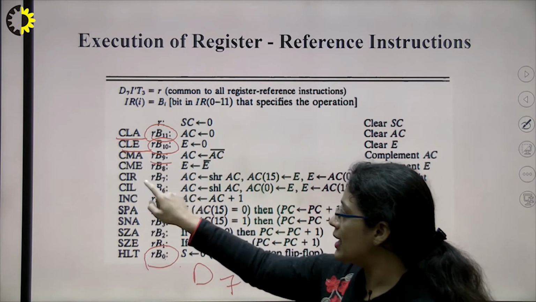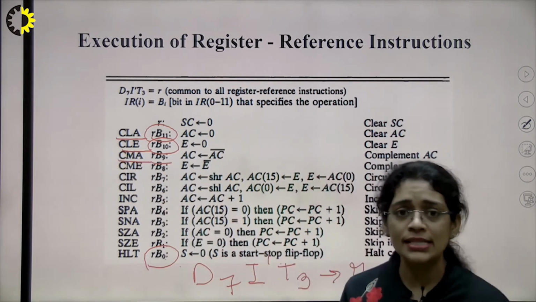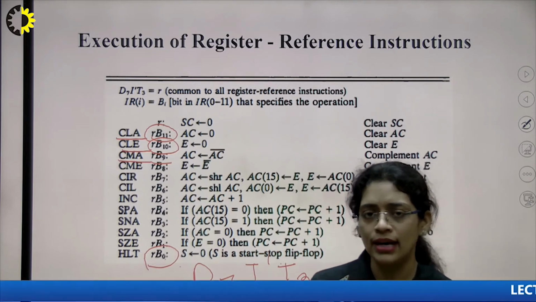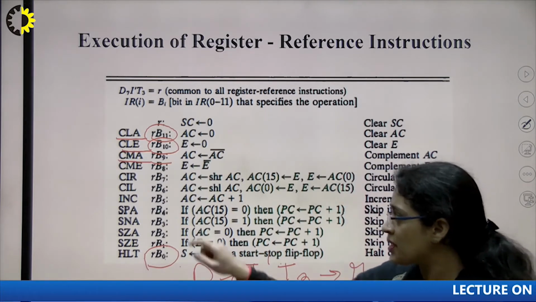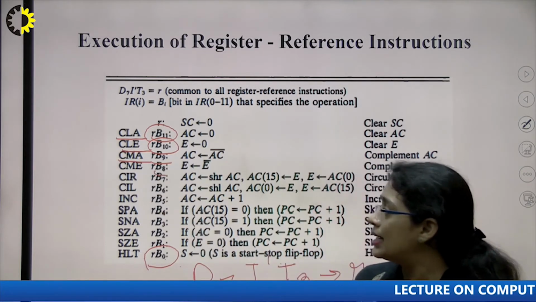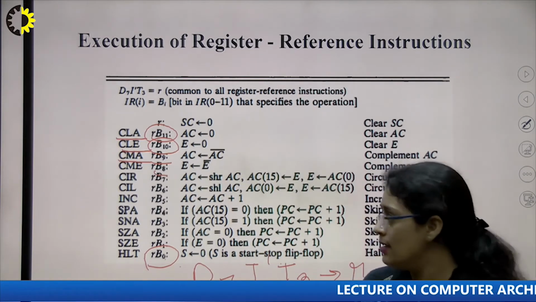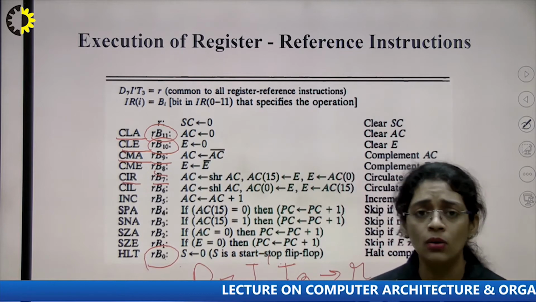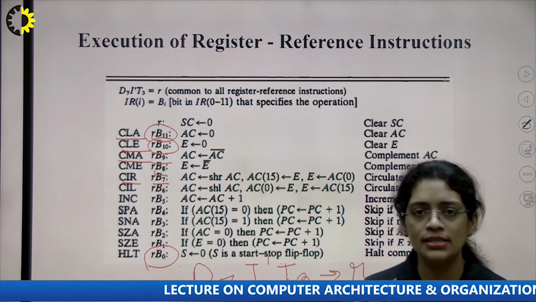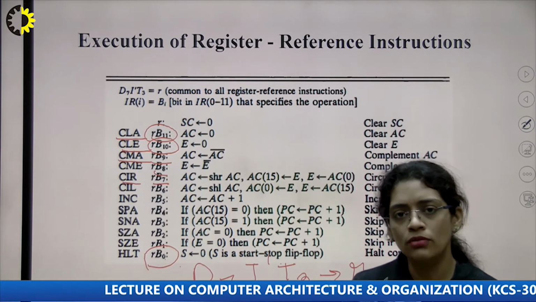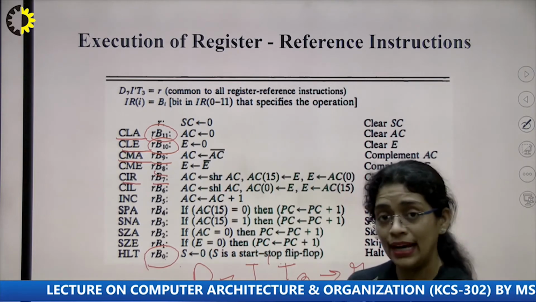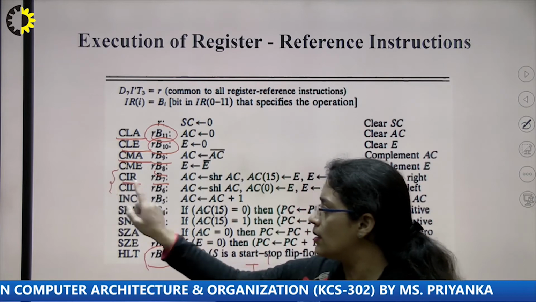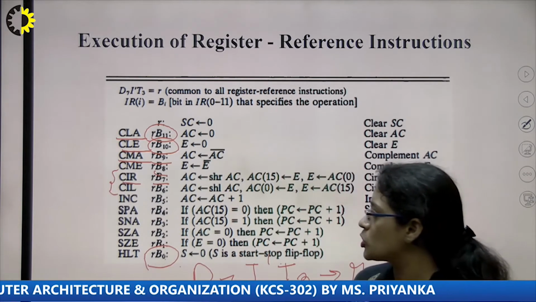Now rB9 is for CMA, which says that we will be complementing the accumulator. Whatever value is there in the accumulator, we will just complement it. Next, B8 is complement the value of E. Then B7 is CIR, which is circular right. This is a shift operation: we need to shift all the bits to the right, in circular fashion. We are going to discuss these circular shifts in detail in the micro-operation topic.